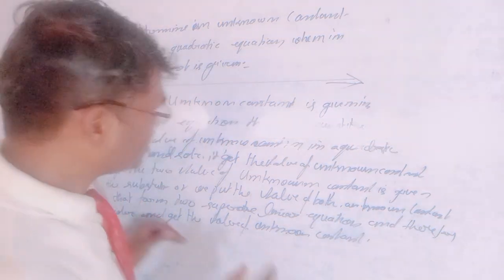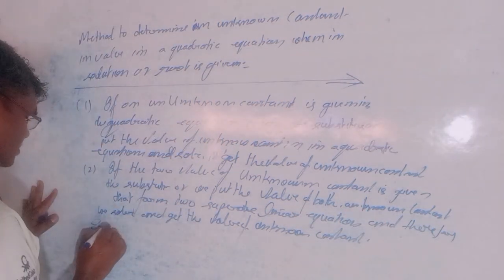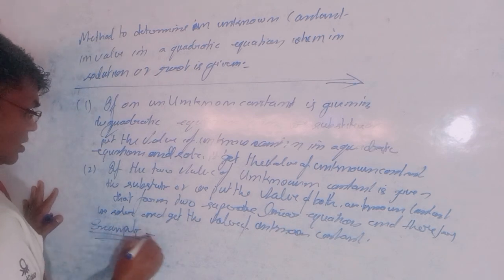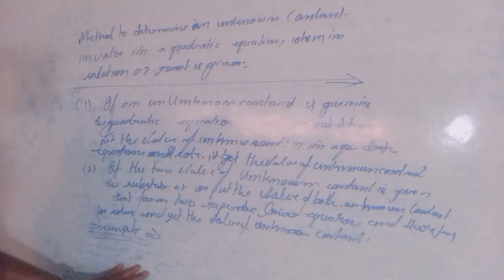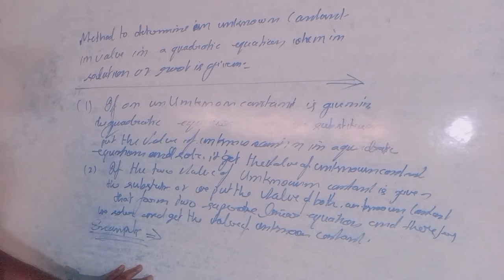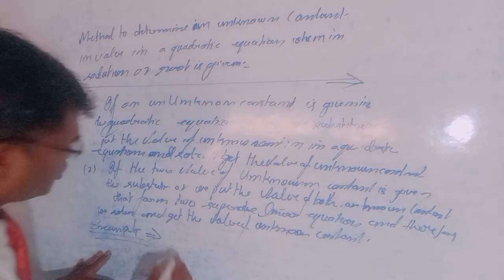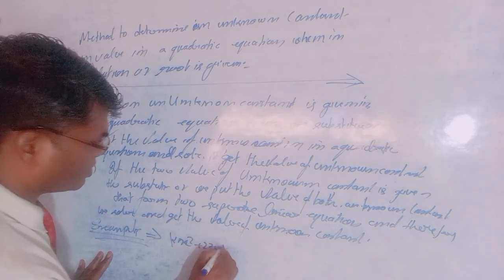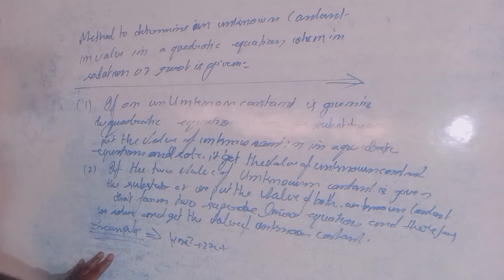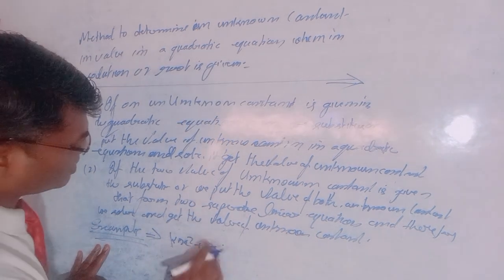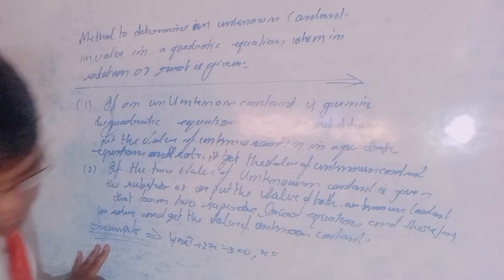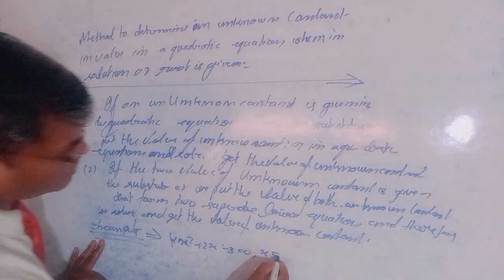Suppose that we will take the examples. Example: kx square plus 2x minus 3 is equal to 0, where the value of x is given here as 2.